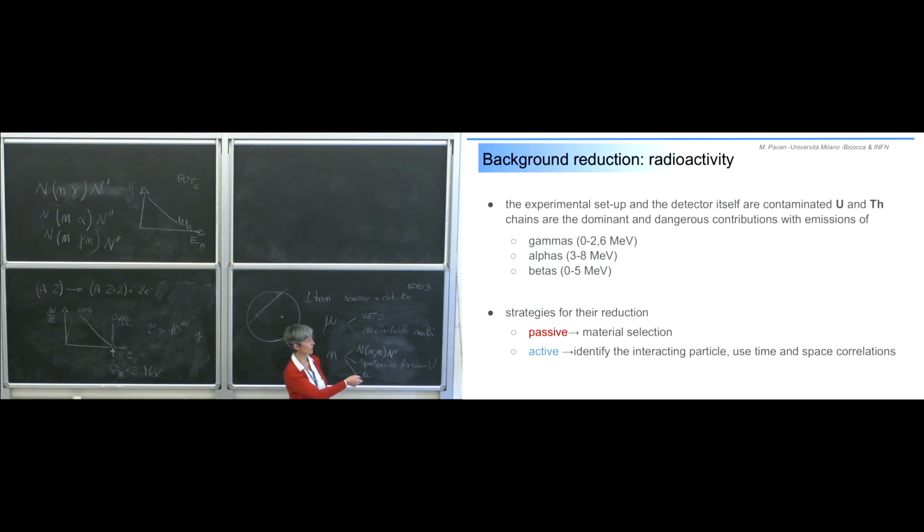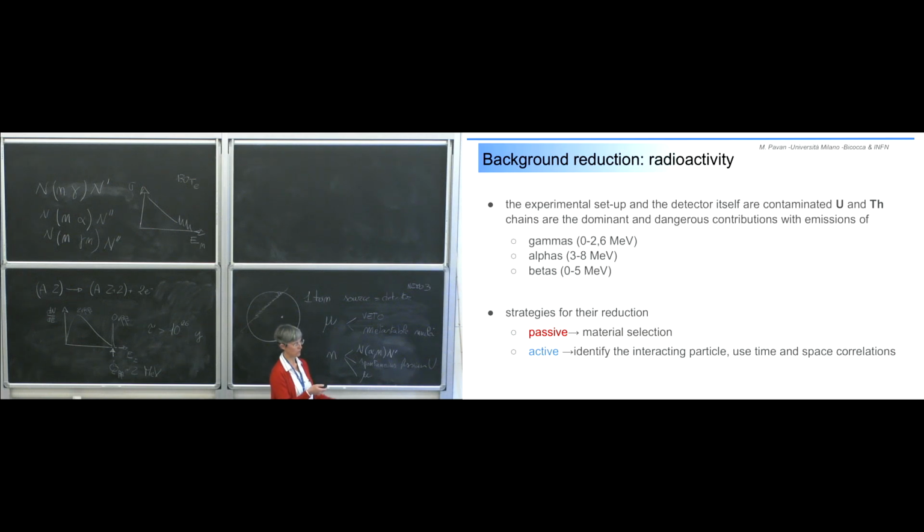And there are 2 strategies for their reduction. One is the passive one, I just put shields. And the other is an active one. Try to identify the interacting particle and use time and space correlation as we were discussing.